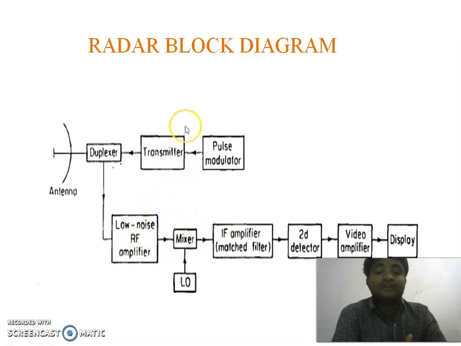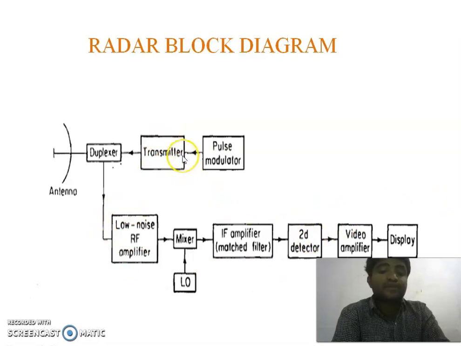The next blocks are the transmitter and the pulse modulator. These two elements are the transmitter section, and the entire bottom section is the receiver part. The upper portion is the transmitter part and the bottom portion is the receiver part.